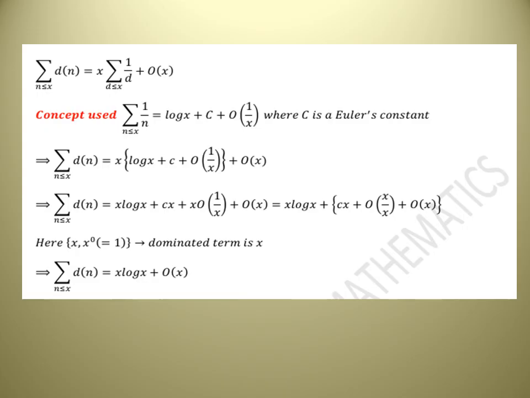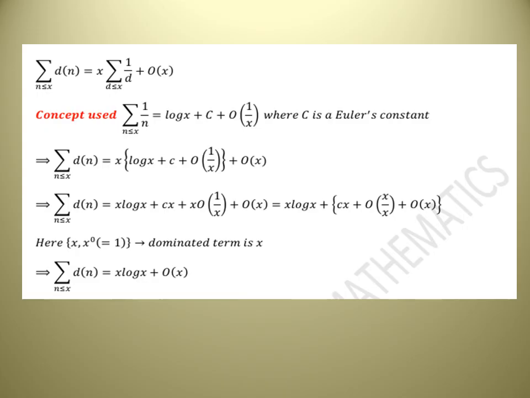So in the first slide, we took some important results as a recap. One of those results is summation of 1 by n, where n is less than or equal to x, is equal to log x plus c plus big O of 1 by x. We know that c is the Euler constant.